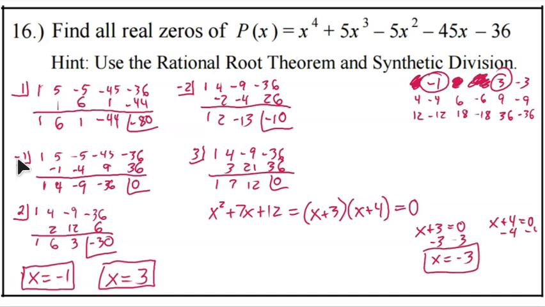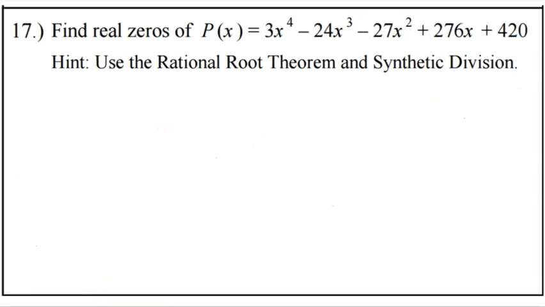Subtract 4, and we get x is equal to negative 4. And so, look, we have 1, 2, 3, 4 real zeros. We have found all the real zeros because there can only be as many as 4, and we are done with question 16.